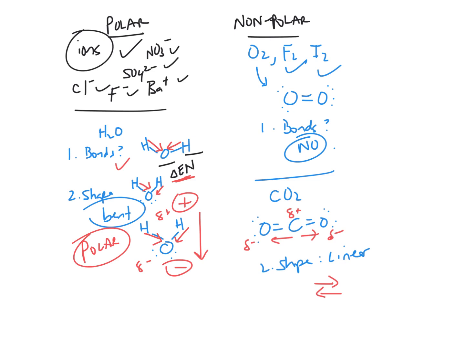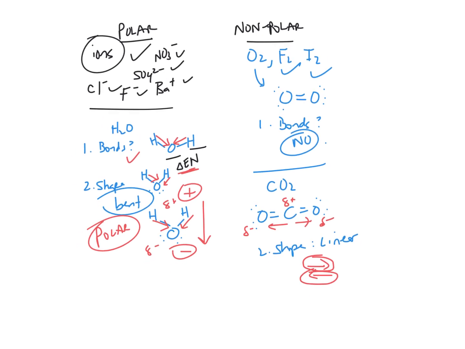And if you've ever looked at vector analysis or vector addition, something you tend to do in higher level math courses, but I don't think it's that hard of a concept. It's like if you take something pulling 1 degree to the right and something pulling 1 degree to the left, what's the ultimate result? Well, the result is no resultant vector. In other words, they cancel out, okay? So they cancel out and there's no polarity. This is non-polar.